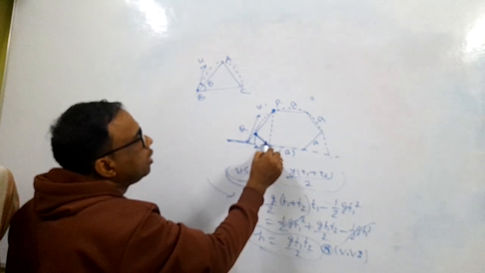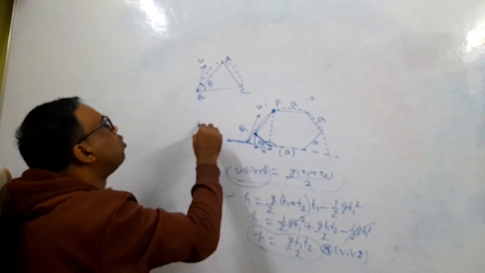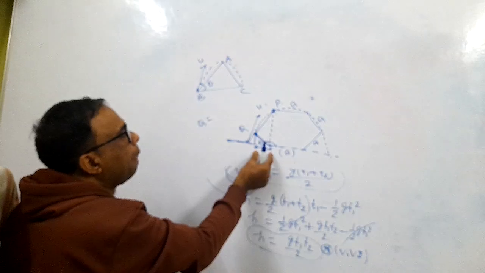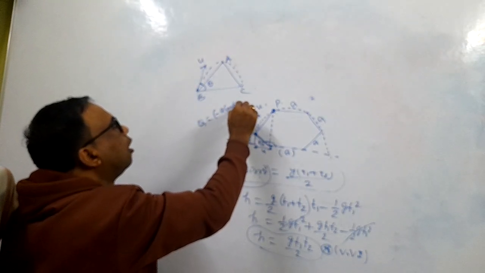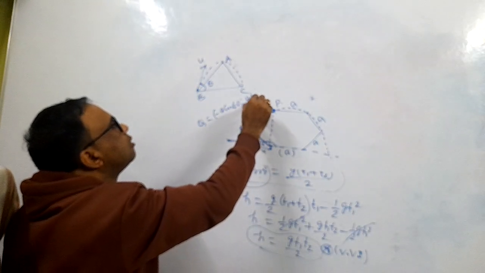If it is 120 degrees, then this is 60 degrees. So the Q coordinate is A cos 60, and if you take the origin, then minus A cos 60 for X, and Y means A sin 60.